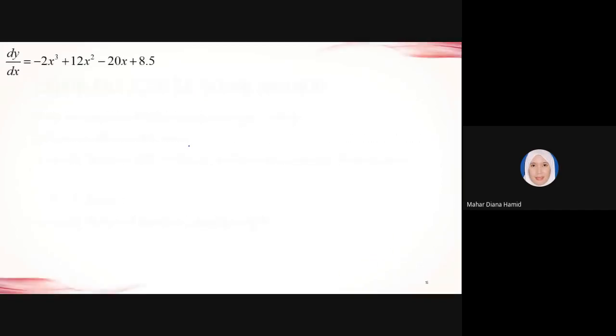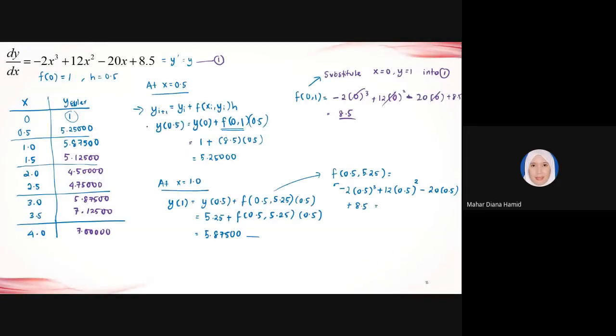For example, if we refer to this table, in order for us to get this value, we need to use the previous value that we got. However, if we already obtained a wrong value here, the value in the subsequent step will also be propagated to a larger inaccuracy. So that's why we say that it's propagated.